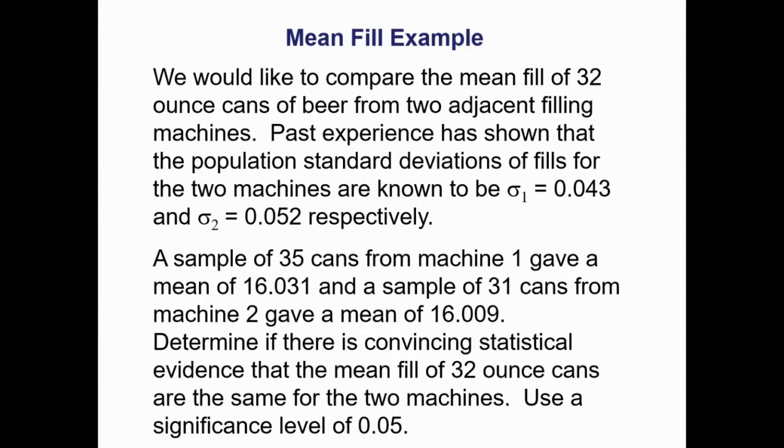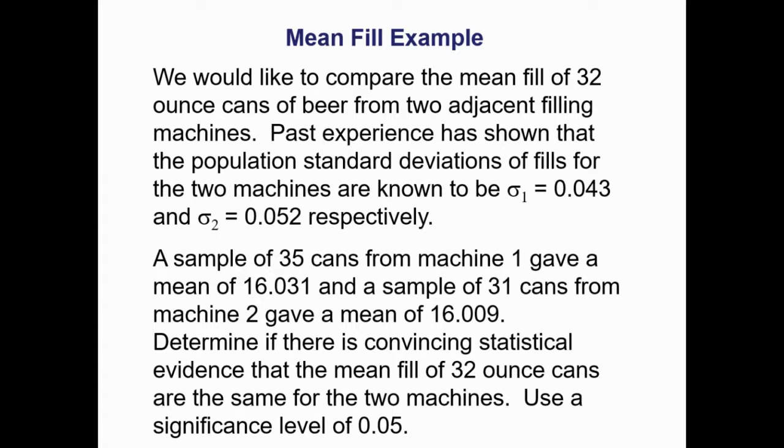A sample of 35 cans from machine 1 gave a mean of 16.013, and a sample of 31 cans from machine 2 gave a mean of 16.009. Determine if there is convincing statistical evidence that the mean fill of 32-ounce cans are the same for the two machines. Use a significance level of 0.05.